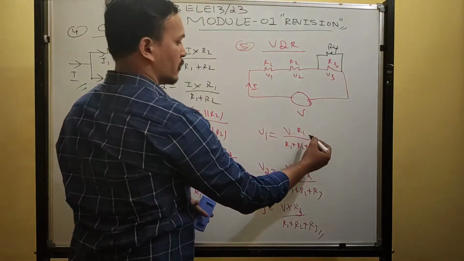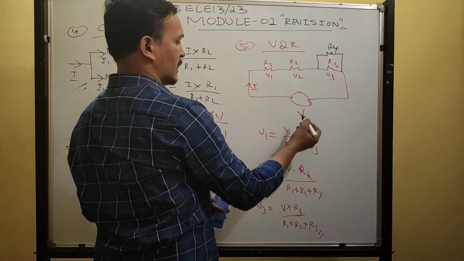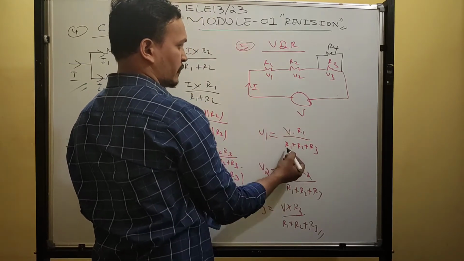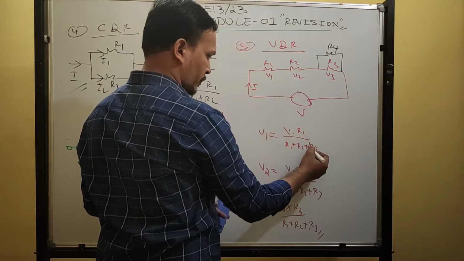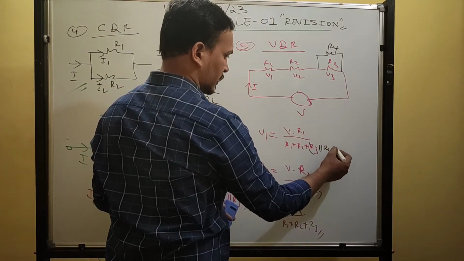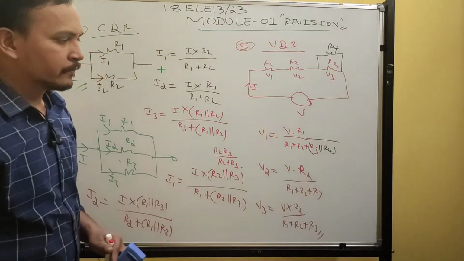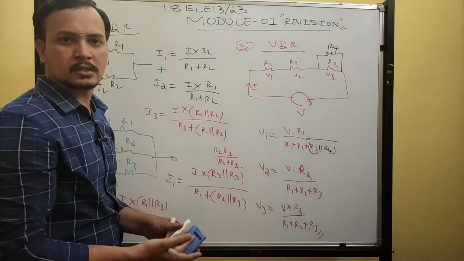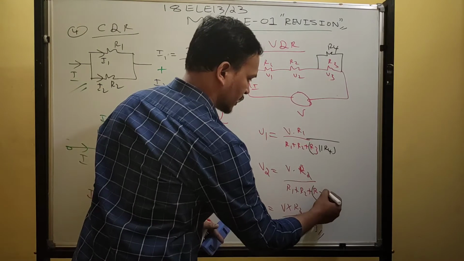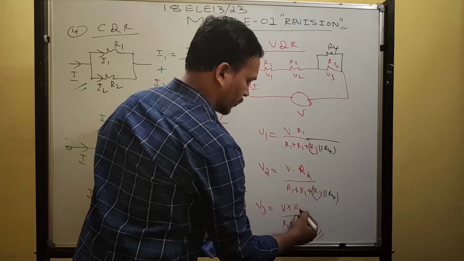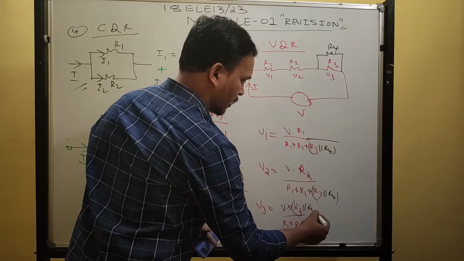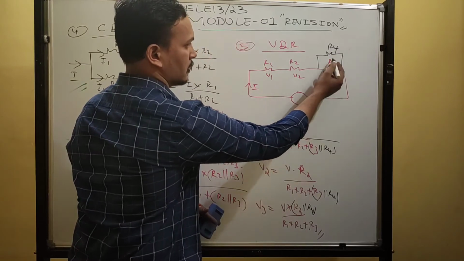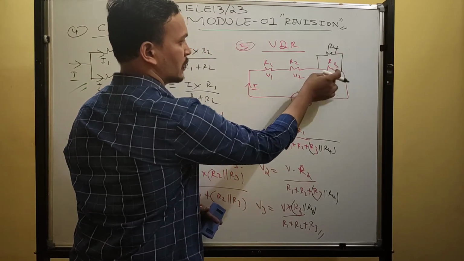Now we can write the voltage equation. V1 can be written as supply voltage into the same resistance divided by R1 plus R2 plus, open bracket, R3 parallel R4. It becomes one resistance, and now all are connected in series. What is the voltage across R3? The voltage across R3 and R4 is the same because in parallel the voltage is the same.